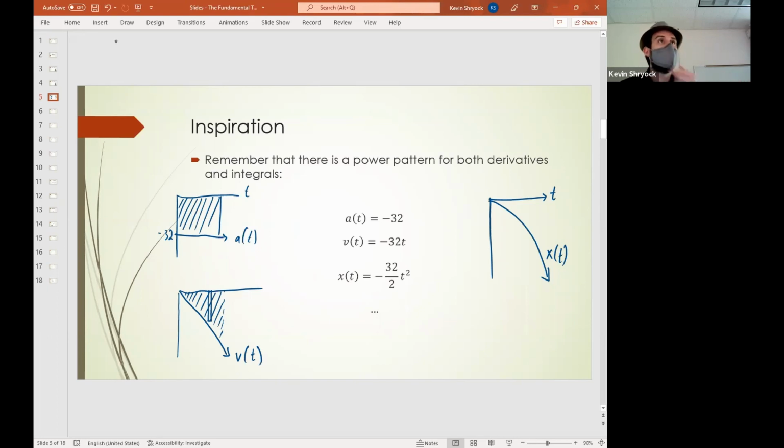Go ahead. Why is the 32 divided by 2 in the equation, in the last equation, position? Sure. So it came from trying to find the area of this, which was a triangular region, right? So that came about from, okay, 1/2 base times height. The base here was however much time has passed.